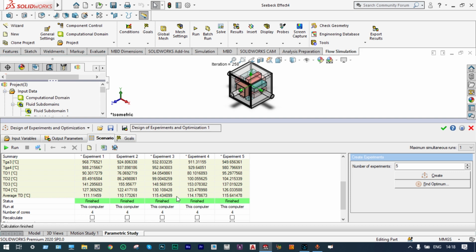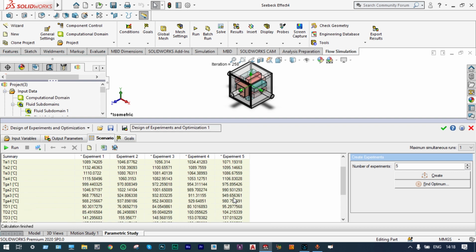So in this way, you can see that the average temperature difference is not varying that much. But we can see here that when the mass flow rate of cold nitrogen is increased, the temperature at the exit location of nitrogen is increasing.